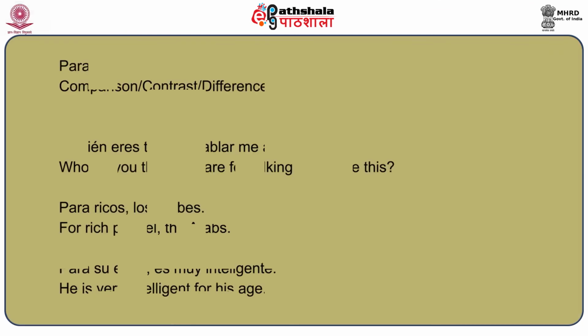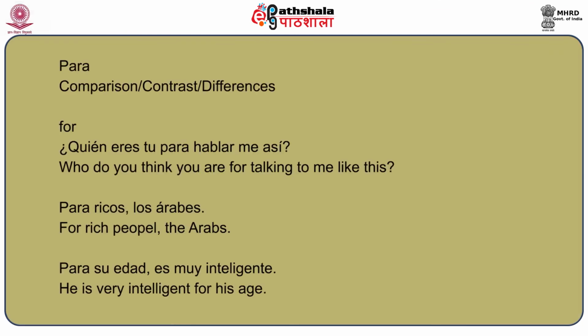Para, on the other hand, is comparison, contrast, or differences, translated as for. ¿Quién eres tú para hablarme así? Who do you think you are for talking to me like this?